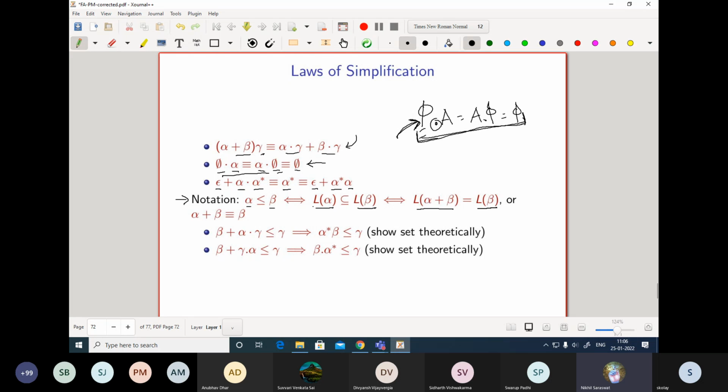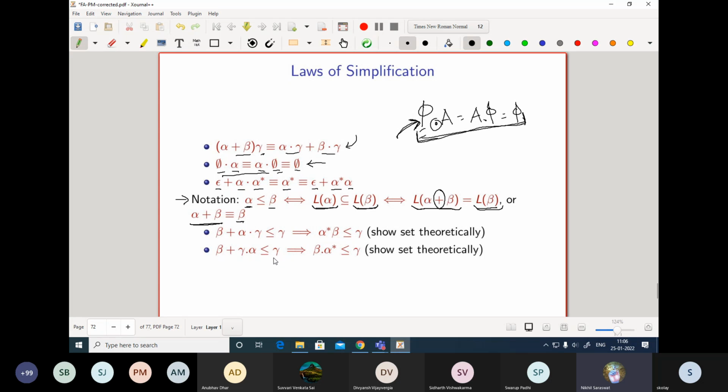Notice that if L of alpha is a subset of L of beta, then L of alpha plus beta is equal to L of beta. Please check this. It's easy to check. Just look at what L of alpha plus beta means in terms of languages. And therefore, if L of alpha plus beta is equal to L of beta, then alpha plus beta is equivalent to beta. So if alpha is less than or equal to beta, that basically means alpha plus beta is equivalent to beta.